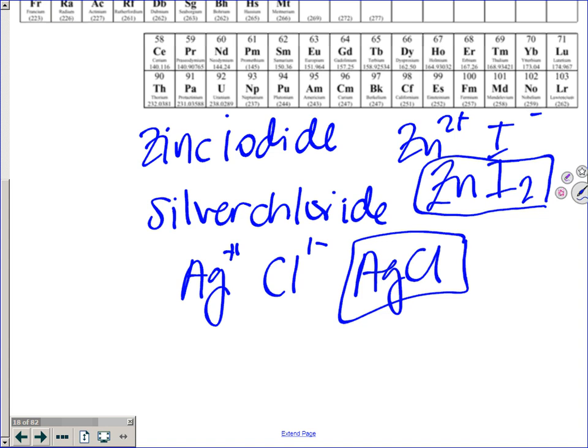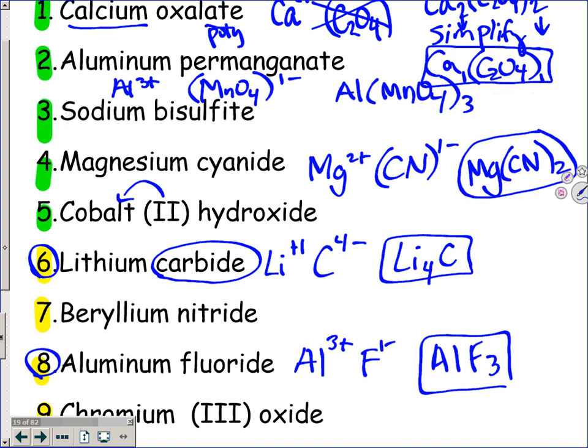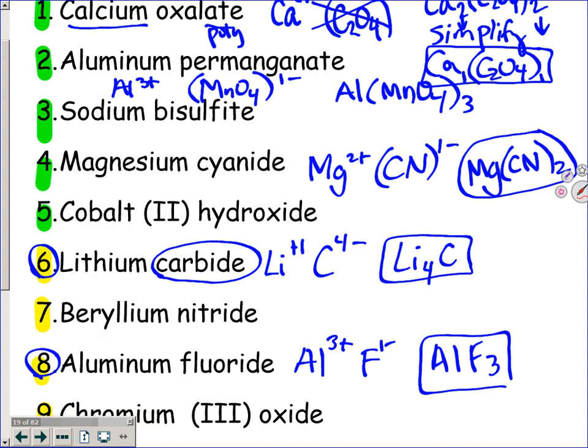All right, we're doing the examples I promised you. Here we go. Cobalt(II) hydroxide, number 5. So cobalt has a what charge? Cobalt has a 2+ charge because the Roman numeral said so. Now normally you see ide. What do you normally think when you see ide? Periodic table. Then you look for hydroxide and you can't find it. So it's not on the periodic table. So what does it have to be?